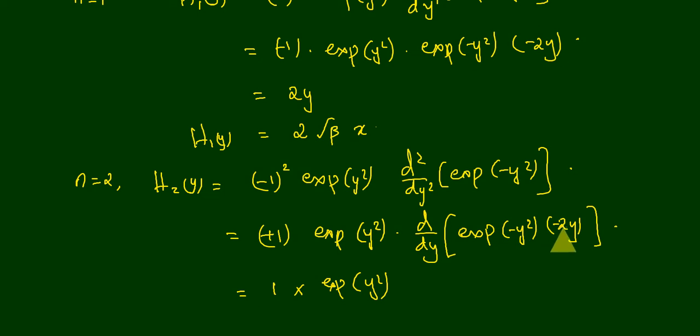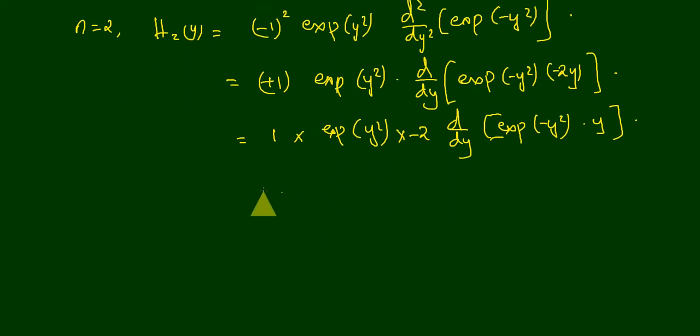There is a constant here, minus 2, so I can bring this minus 2 out, and we have d by dy of exponential minus y square into y. This is a product of two functions, so we have to take the derivative.